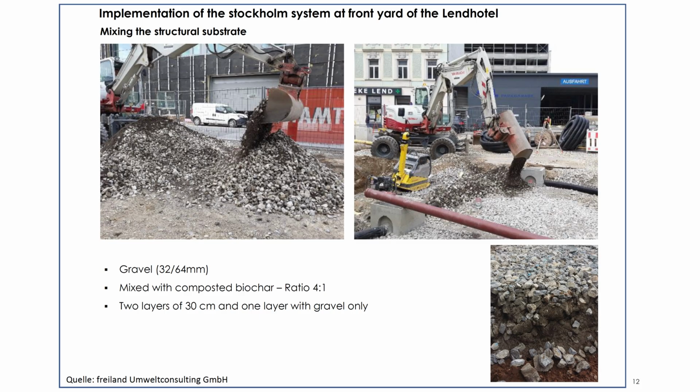So it was the second pilot project, and we used this finer gravel. It's around 6 centimeters in diameter, and we mixed it with compost and biochar, as the colleagues from Sweden also do. And there you see the gullies, the inlet, where the rainwater gets in and is distributed underneath.